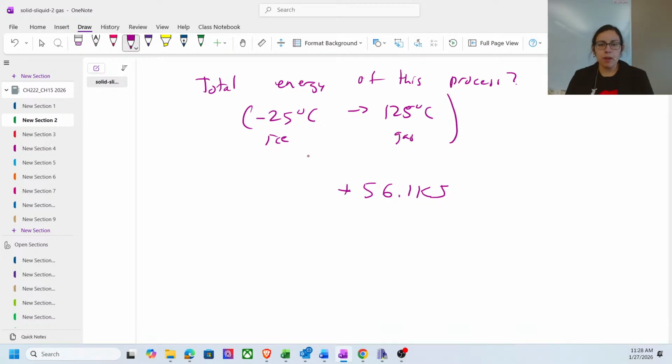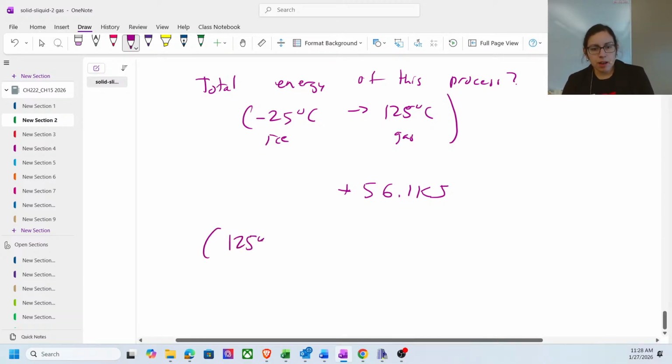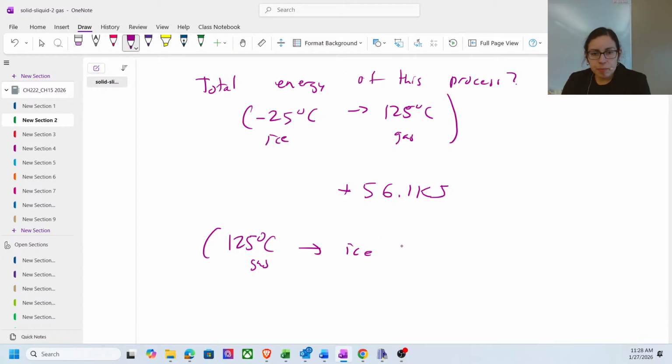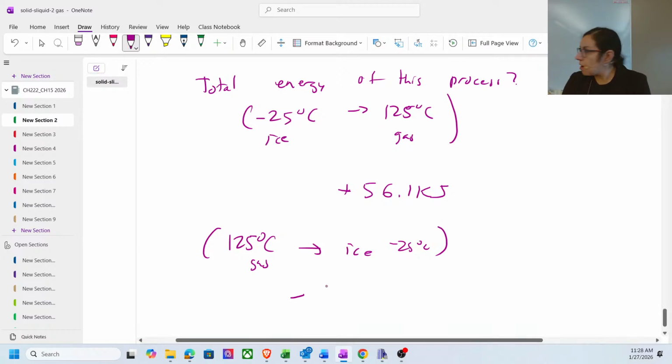Since we were going from ice to gas, we had to put energy in. And so the question is, can Q be negative? If we were going the opposite way, if we had started at 125 degrees Celsius of gas and said, let's take it all the way down to ice, and done that same reverse process, then we would say we lost negative 56.1 kilojoules.